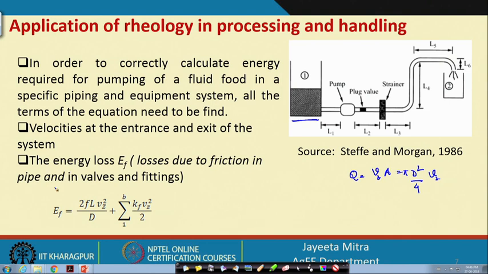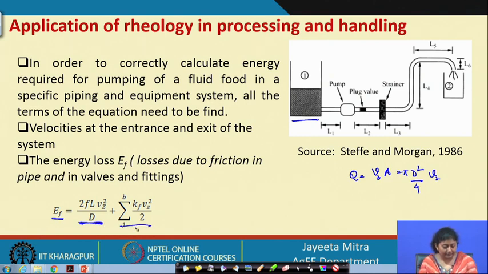Then comes the energy loss due to friction in the pipe and the valves and fittings. So, the energy loss, that is the term EF. How can we calculate it? The energy loss we are getting in the form of delta P by rho, that is the friction head. So, we need the loss because of viscous friction in the pipe and the loss for the fittings, right.